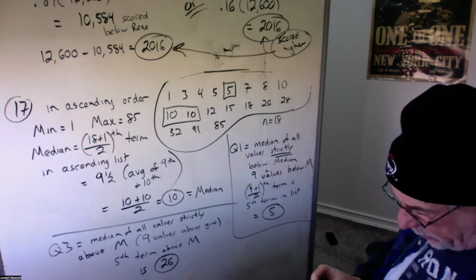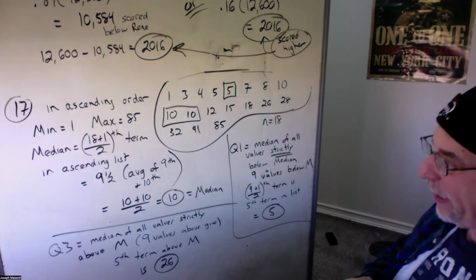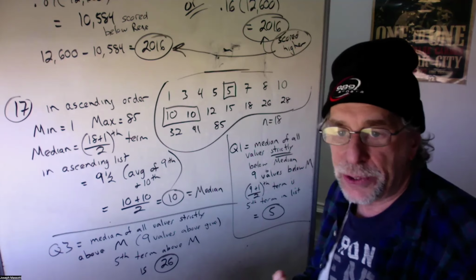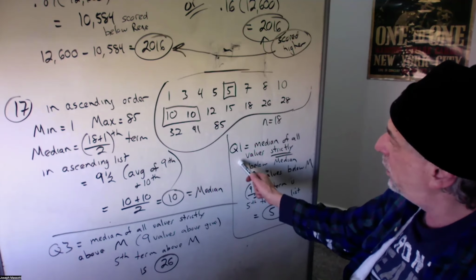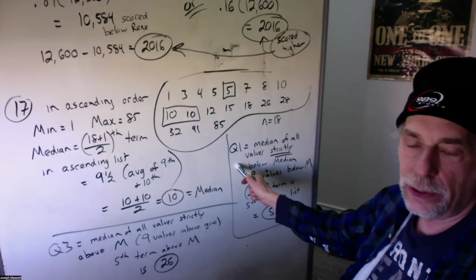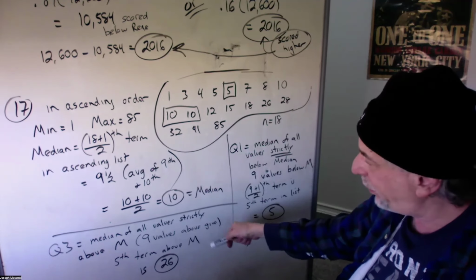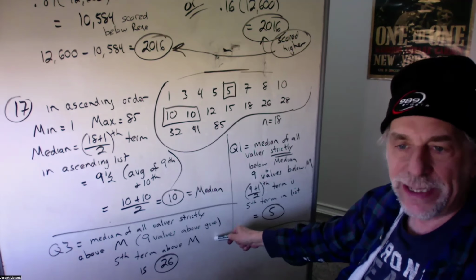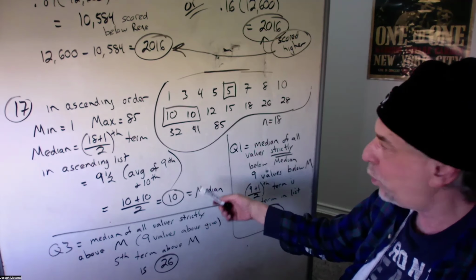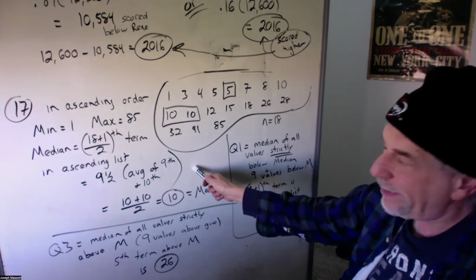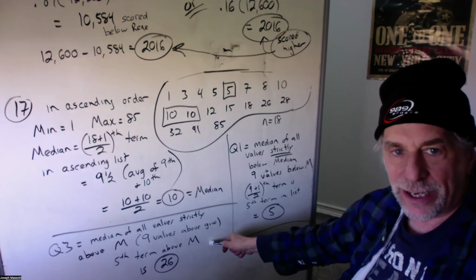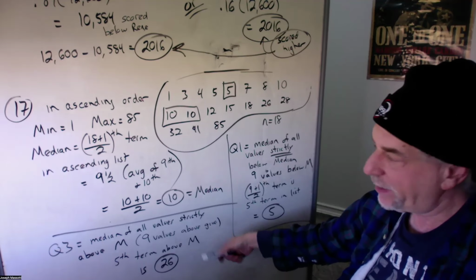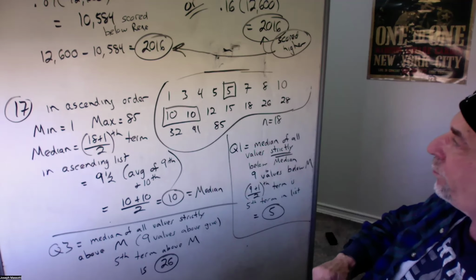So realize the median, being the middle value, is the 50th percentile, right? The first quartile is the 25th percentile, and the third quartile is the 75th percentile. Quarters, right? Quarter, 25%, median, right in the middle, 50th percentile, third quartile, 75th percentile, 75%.